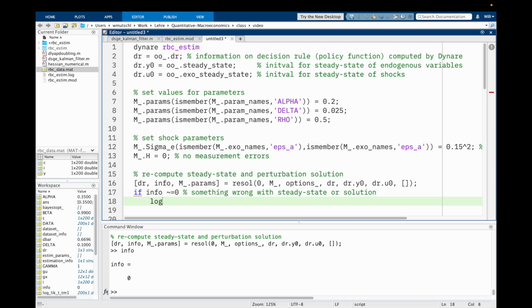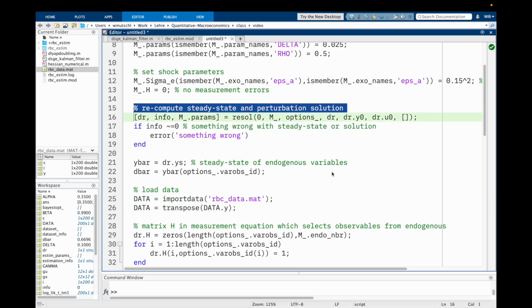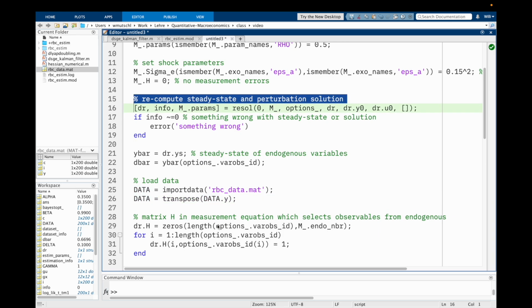I'm not going to go into detail what values are possible here. So actually I could say error, something wrong, and catch that. Once I have a new steady state and a new perturbation solution approximation, I can rerun everything.